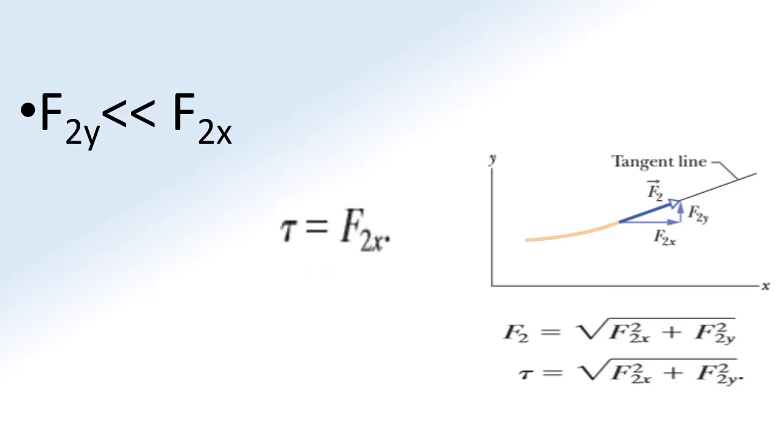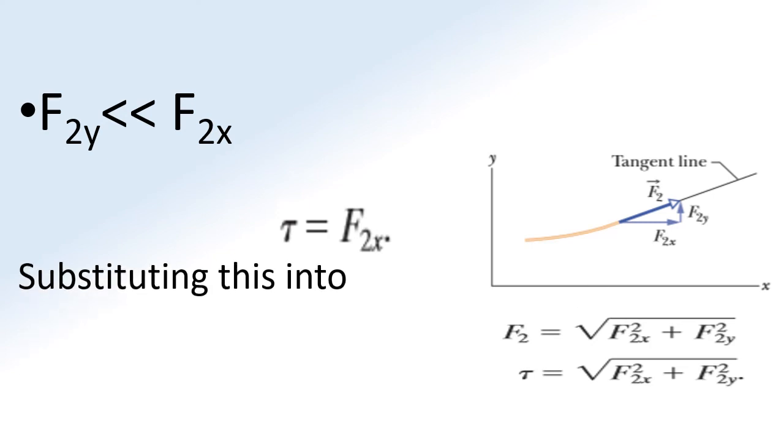Also, by substituting this value in the equation of the slope, which is S2 equals F2y divided by F2x, and replacing the value of F2x, which is equal to the tension T, we get the equation F2y equals tension T into S2, the slope.